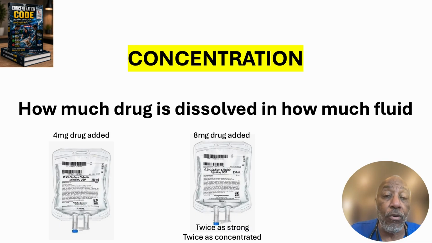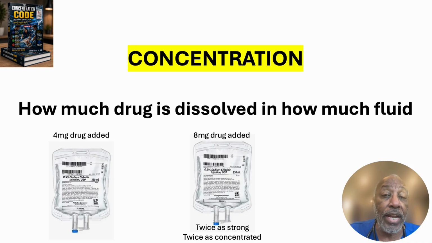If you dissolve 4 milligrams of a drug in 250 milliliters of saline, you get one concentration. If you dissolve 8 milligrams of the same drug into 250 milliliters of saline, you get a concentration that's exactly twice as strong. The bags look identical, the volume is the same, the fluid is the same color, but every milliliter of that second bag contains twice as much drug as every milliliter of the first.